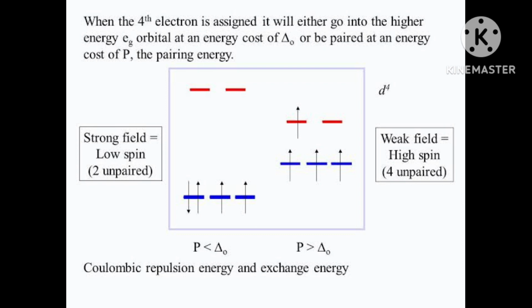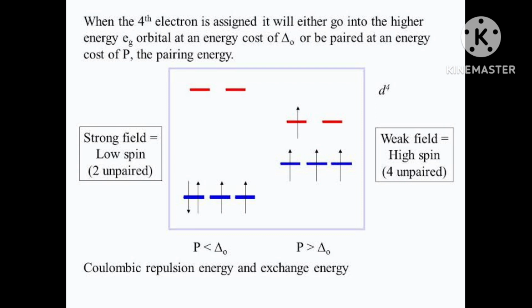Three orbitals will go up, with energy 2/5 delta T. In octahedral, the 2/5 was down; now this 2/5 will be up.